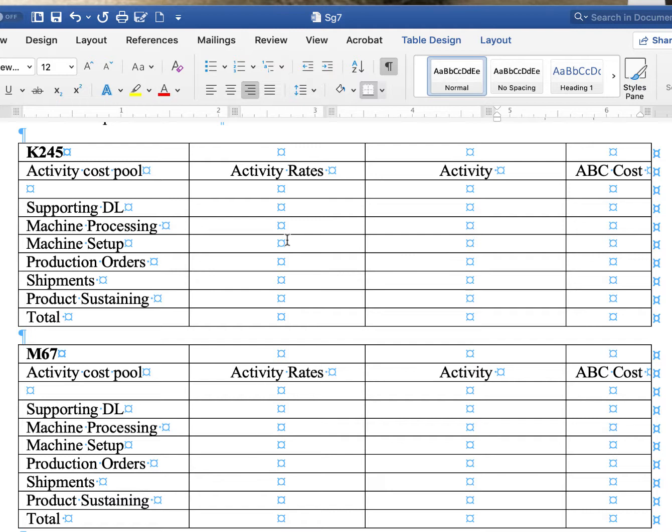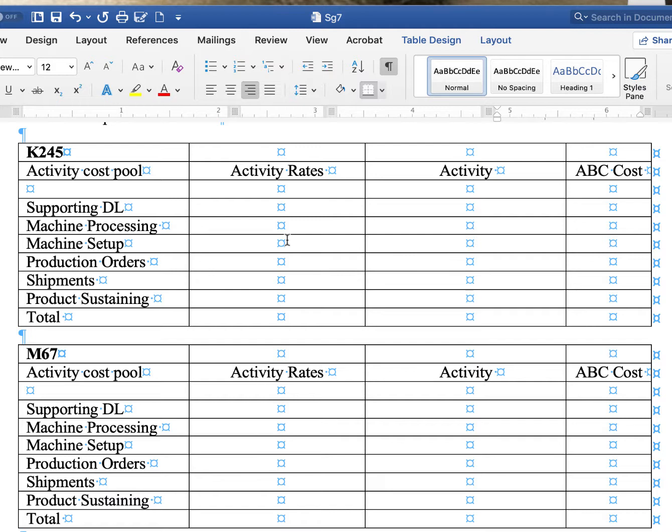They figured out all the costs, which they didn't give us that information, figured out the allocation base of how much of each of these activity cost pools consumes that overhead resource, estimated the total cost, estimated the activity, and gave us the activity rates. All we need to do is apply.